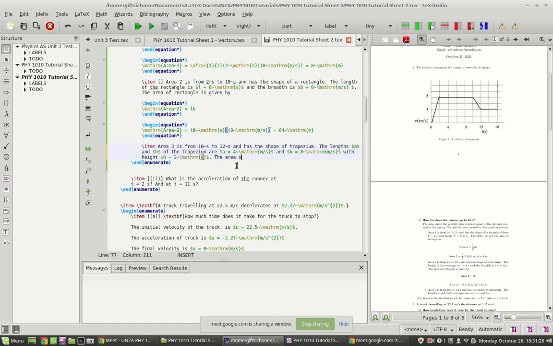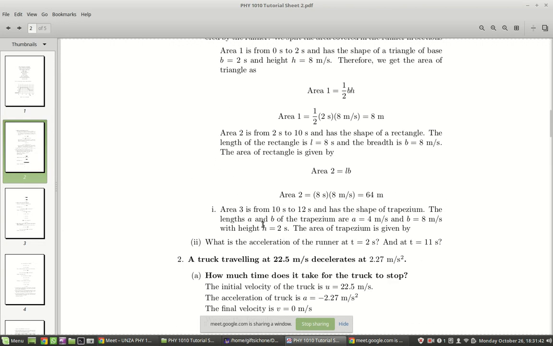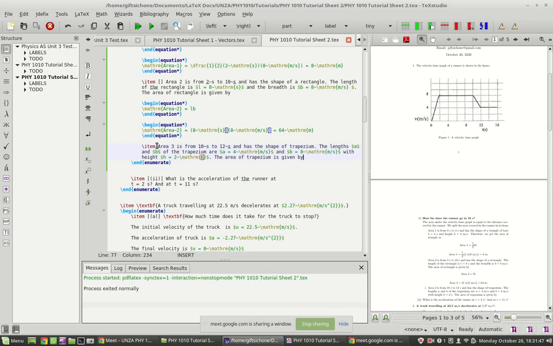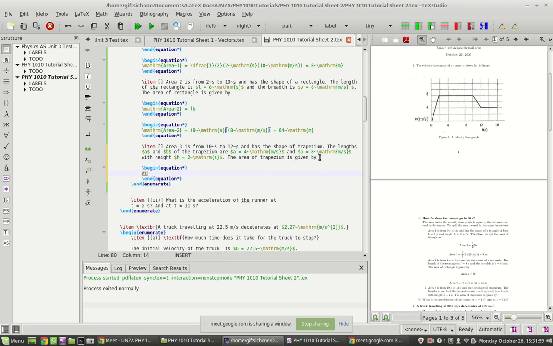The area of the trapezium. So that is area 3.